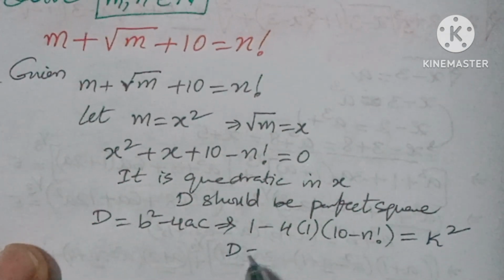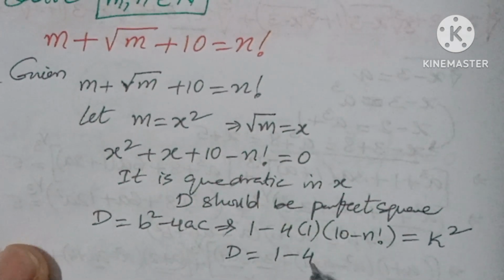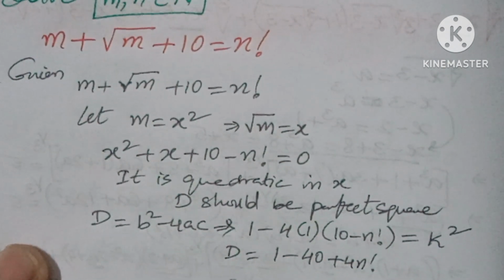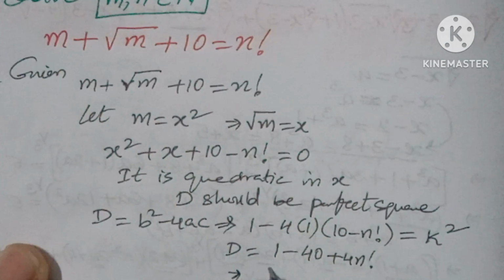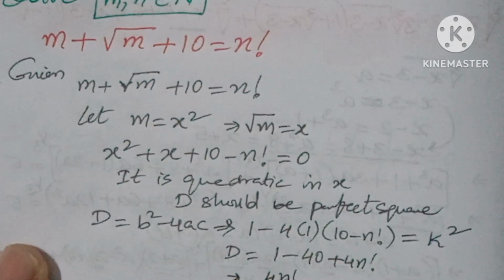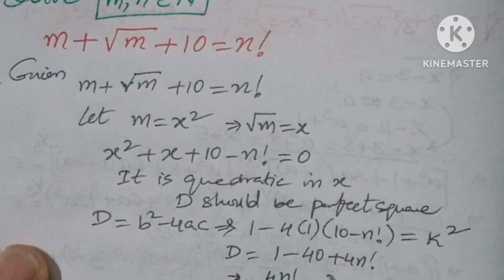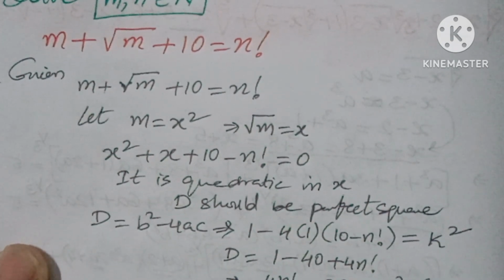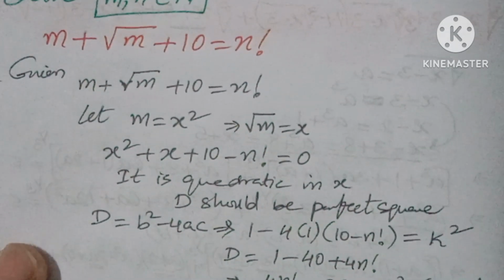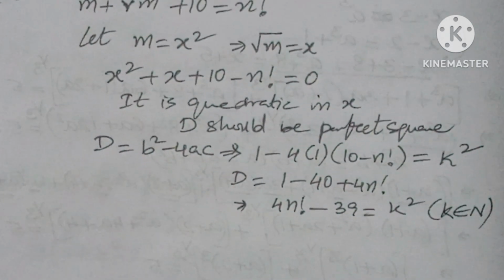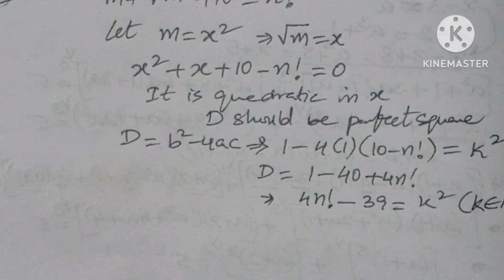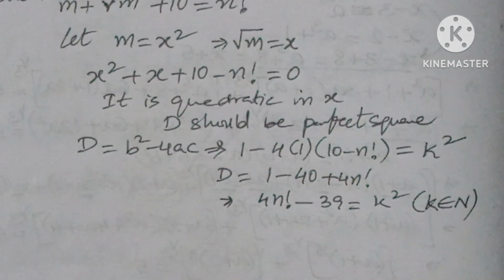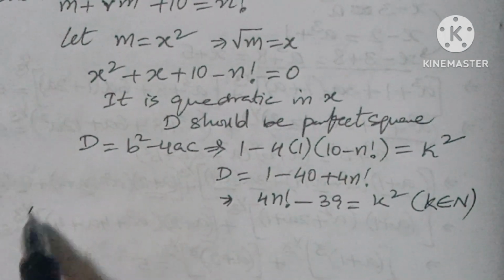So D is equal to 1 minus 40 plus 4 n factorial, that is 4 n factorial minus 39 equals k square, where k belongs to natural numbers.